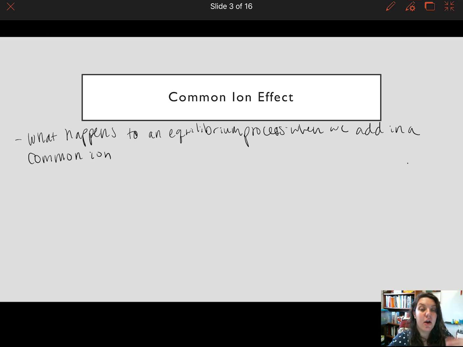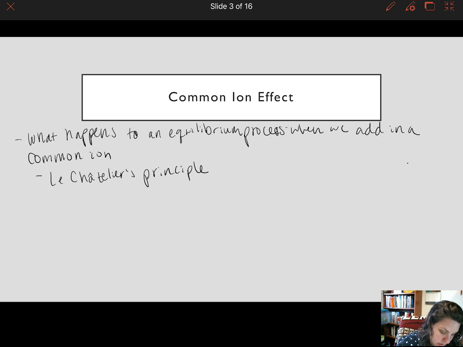We kind of use the idea of Le Chatelier's principle, where we basically take a system at equilibrium and we disturb it.